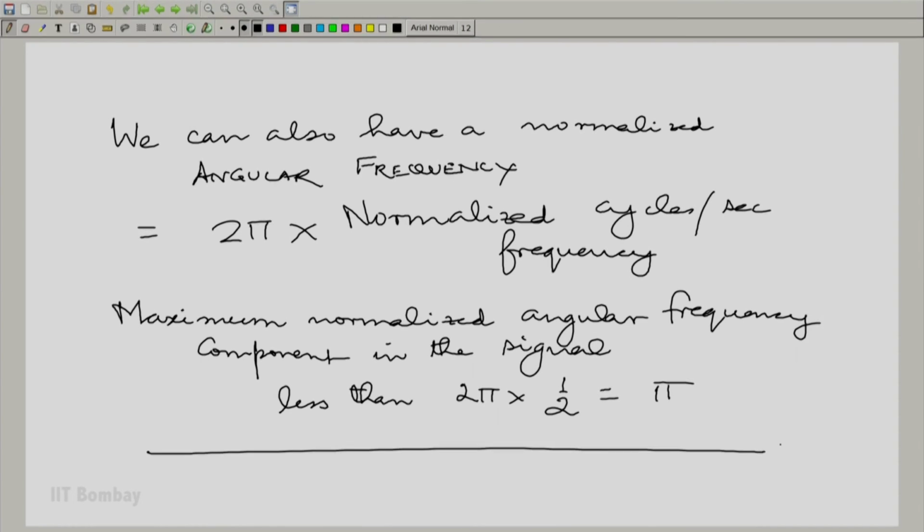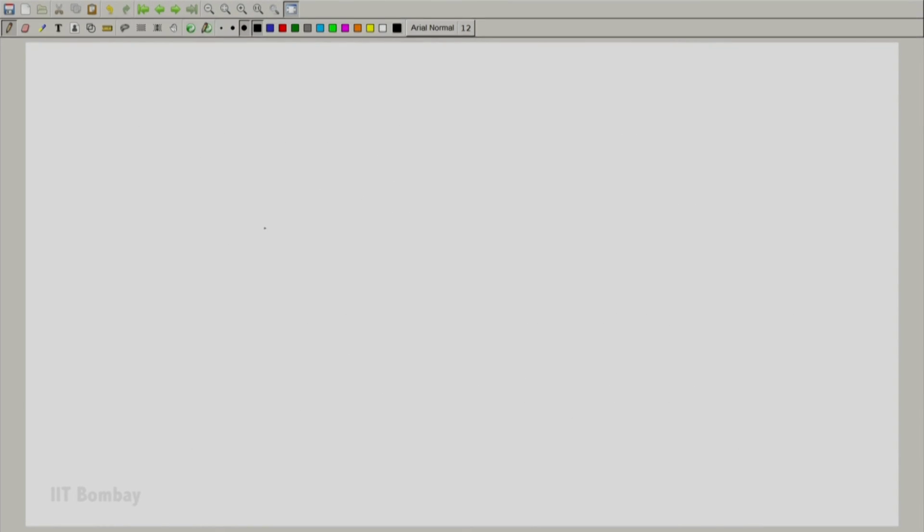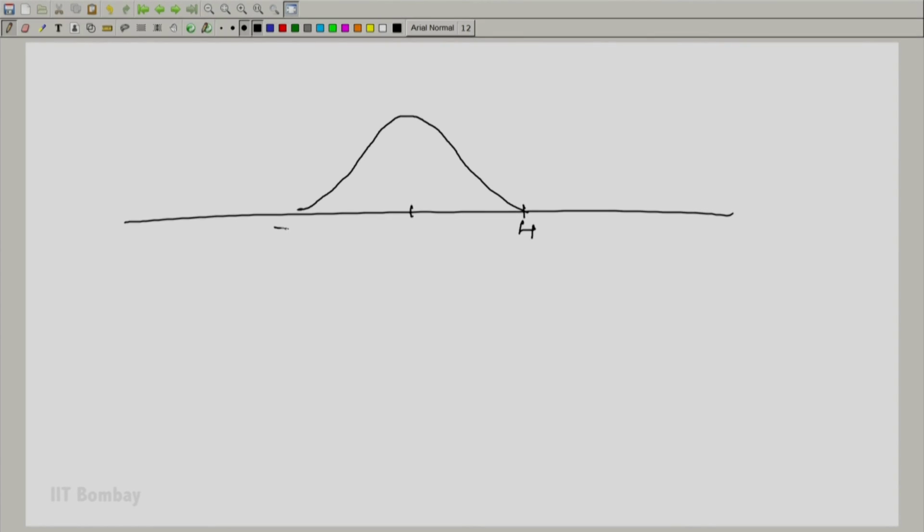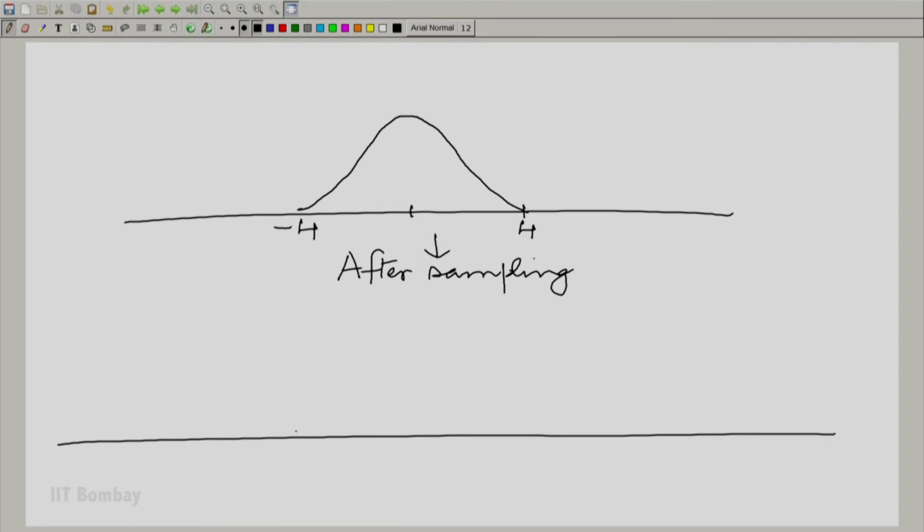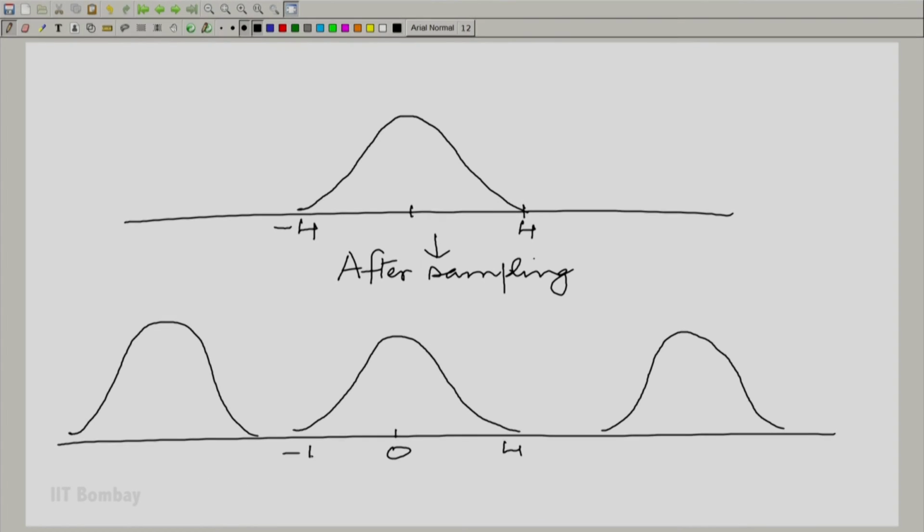Now, let us get the picture clear. Let us draw a picture to understand what we are saying. We are saying that you had this original signal spectrum. In the case of speech, it went, say, from -4 to 4, and you have sampled it at 10 kilohertz. So, you got this spectrum and so on.